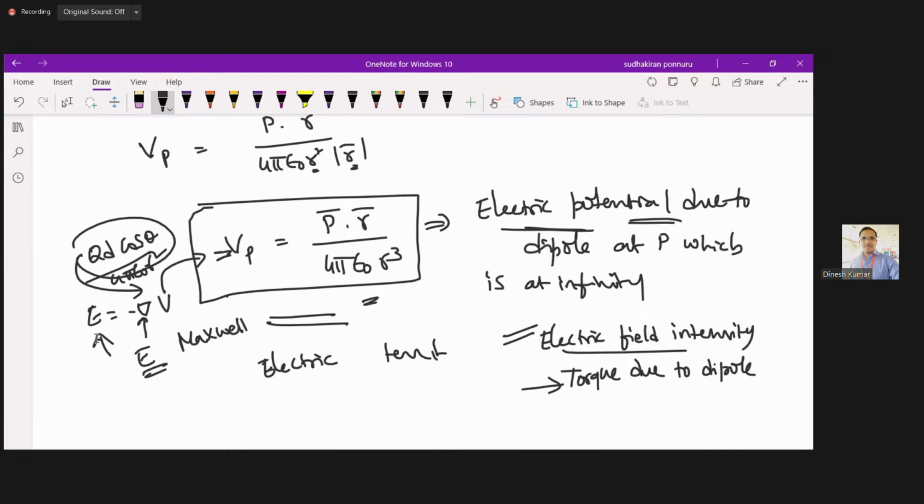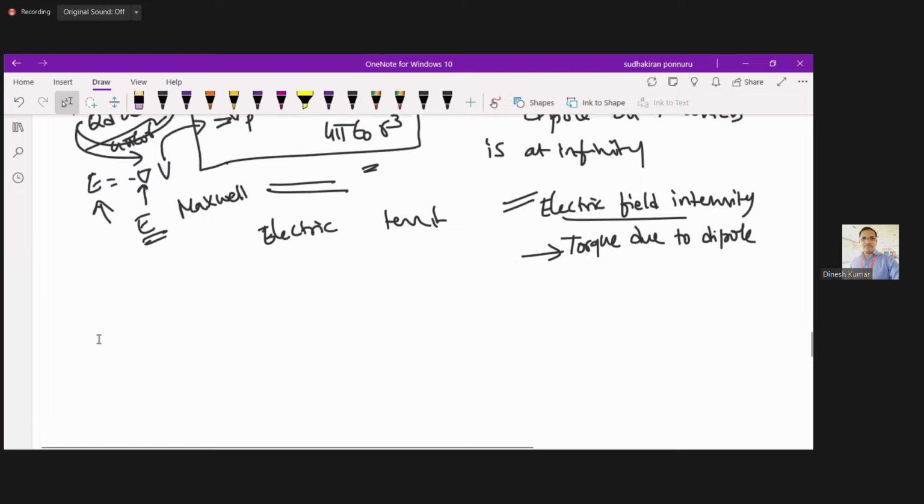And now, above we have got potential, the electric potential. Now we need to obtain the electric field intensity.